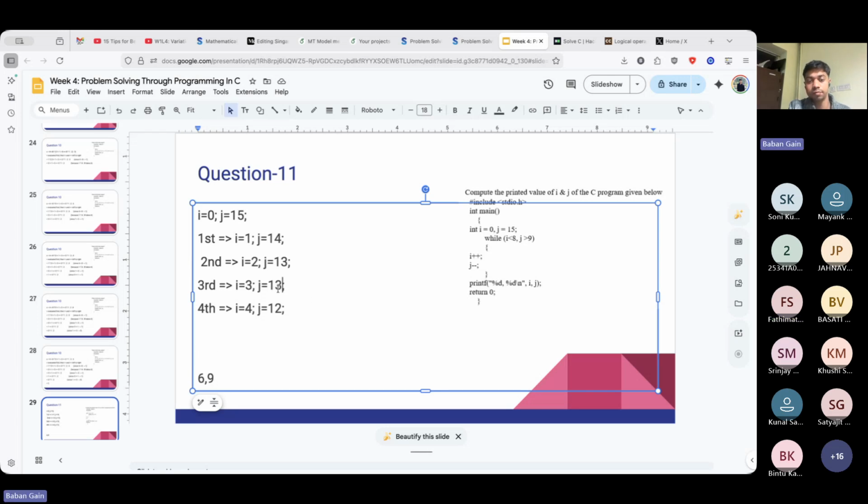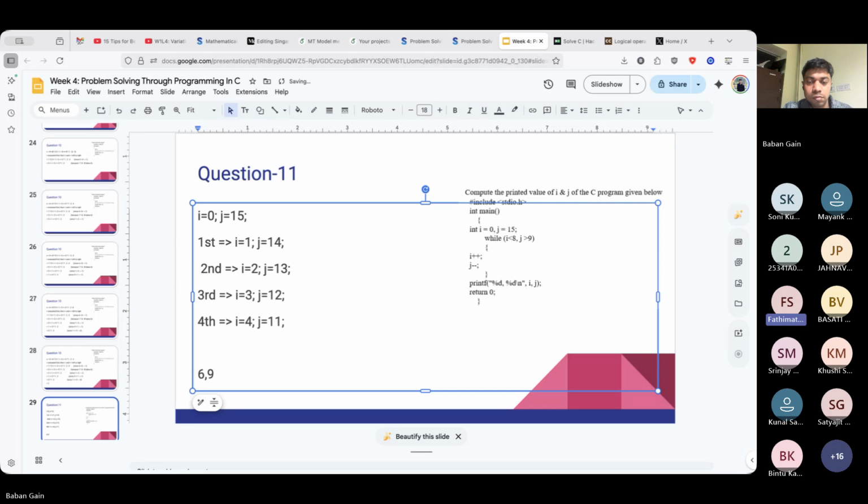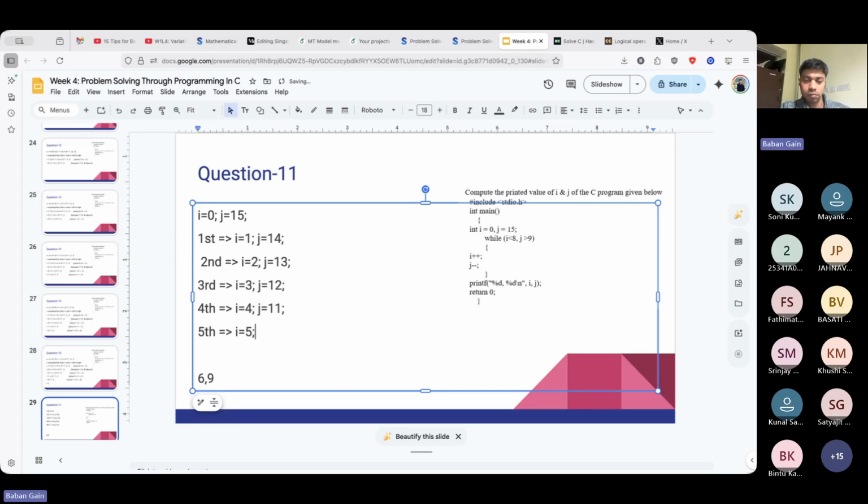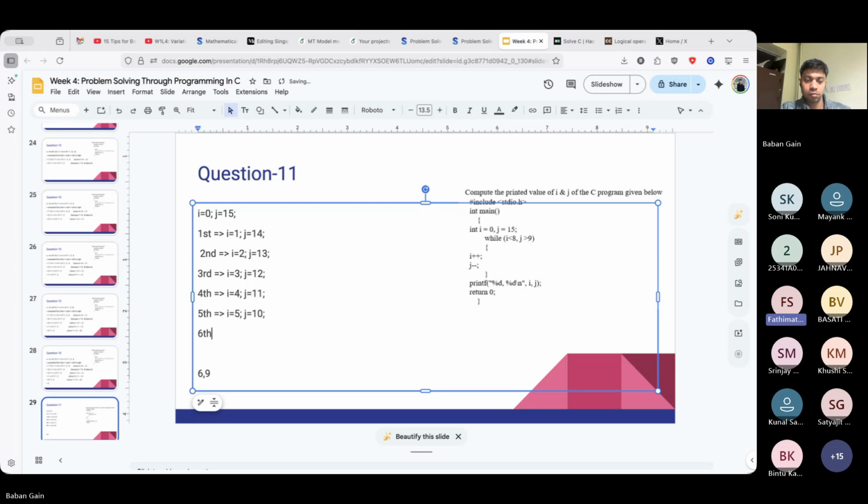Then 4, j is 11. Then i is 5, j is 10. And i is 6, j is 9.